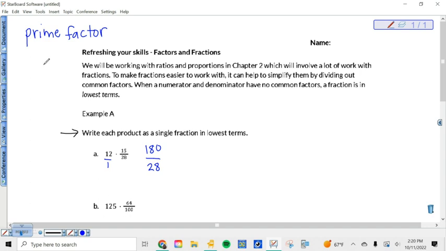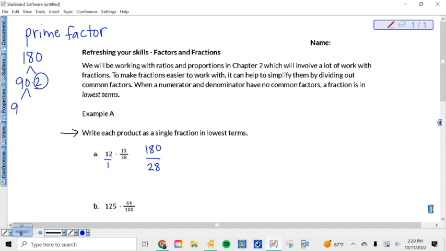So let's go ahead and factor out these numbers, break them down into their prime numbers. We start by making a factor tree. Can you think of two numbers that, when multiplied together, could give me 180? 90 times what? Perfect. 90 times 2. Is 2 a prime number? Yeah. Is 90? No. What two numbers multiplied together give me 90?